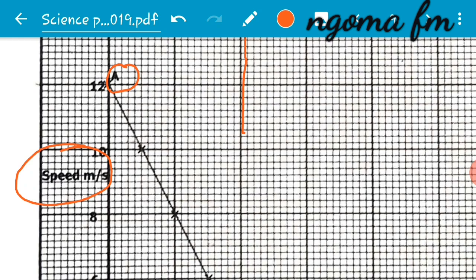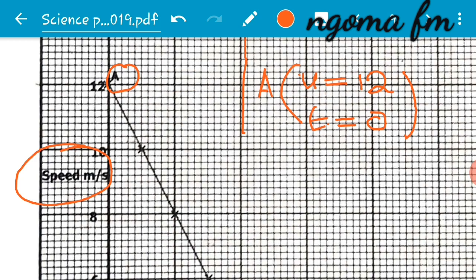So just for clarity's sake, for point A, we know that this is the first speed. So we're going to say U is equal to 12 and T is equal to 0. These are the coordinates for our first system. So for point A, U is 12 and T is 0.